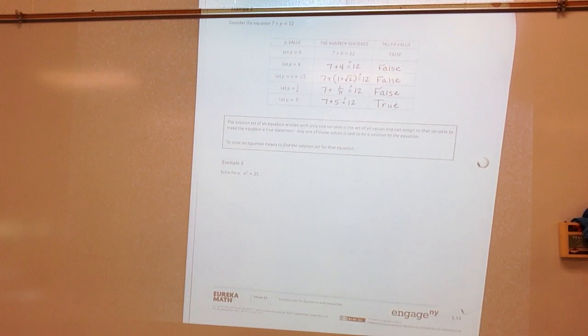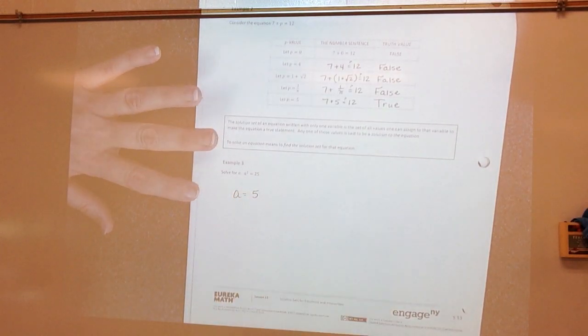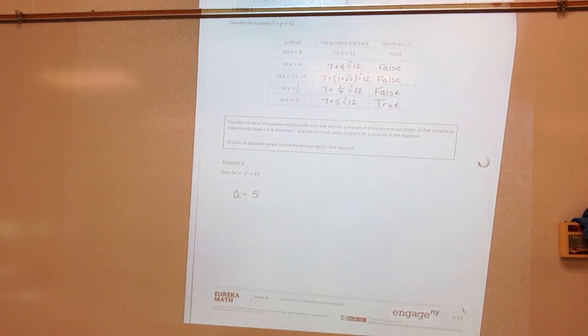I kind of have a perfect square here. To solve this, I want to know what times itself would give me 25. Well, hopefully, automatically, it would pop in your head that a could be equal to 5, because 5 times 5 gives me 25.